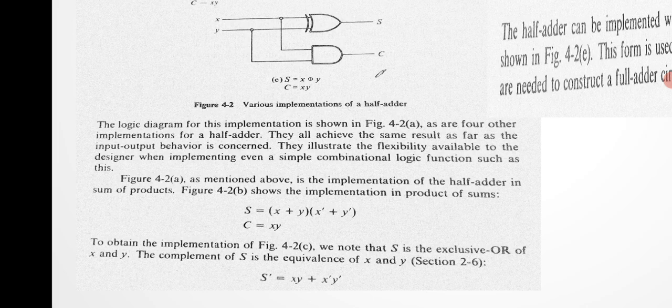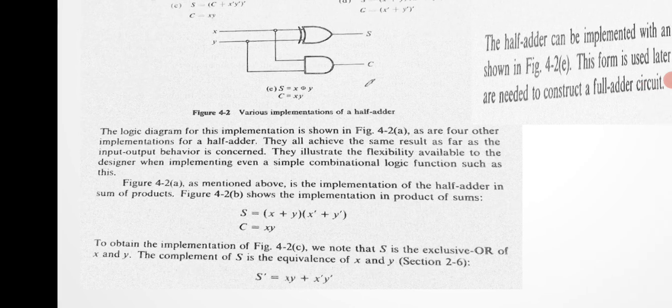Okay, so they illustrate the flexibility available to the designer when implementing even a simple combinational logic function such as this. So whenever you are going for a particular thing, the flexibility is available, and they can go for a simple combinational logic function.